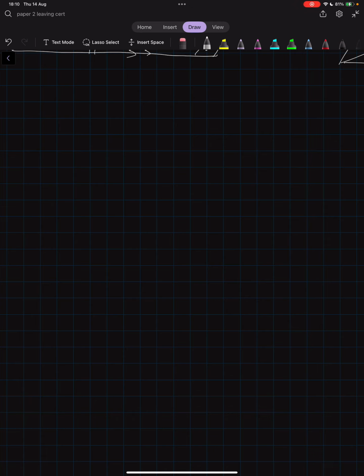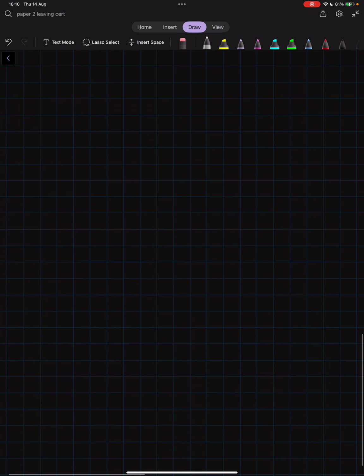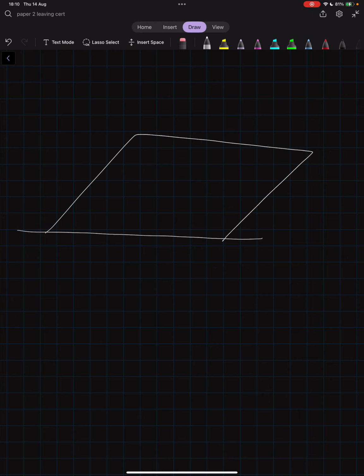All right, let's do a couple of questions. So one might be something like this. This here is a parallelogram, okay? So we have this line, and there is this line.